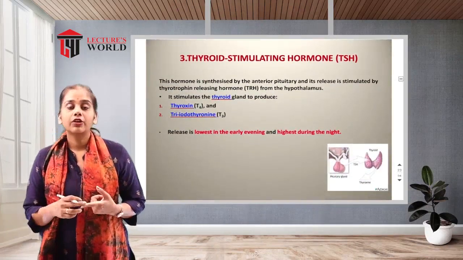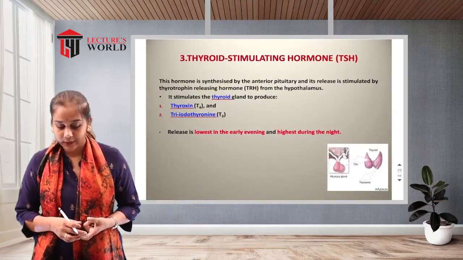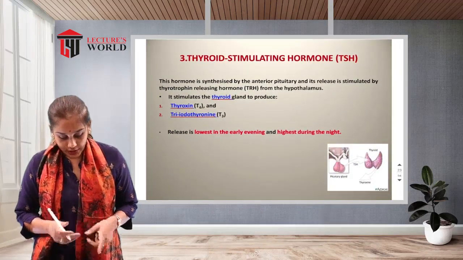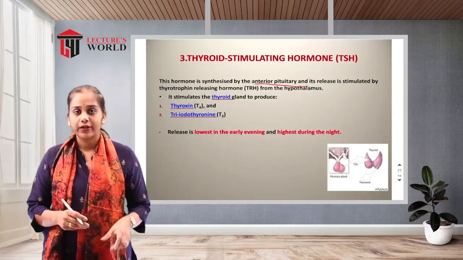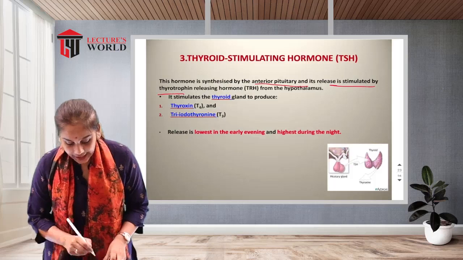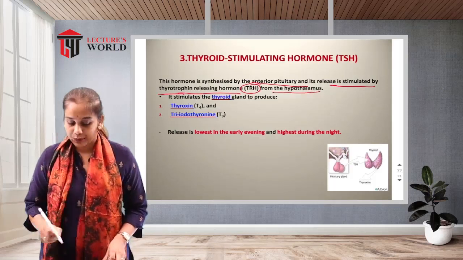Now the third hormone of the anterior pituitary gland is the thyroid stimulating hormone, known as TSH. This hormone is synthesized by the anterior pituitary gland, and its release is stimulated by the thyrotropin releasing hormone, TRH, from the hypothalamus.